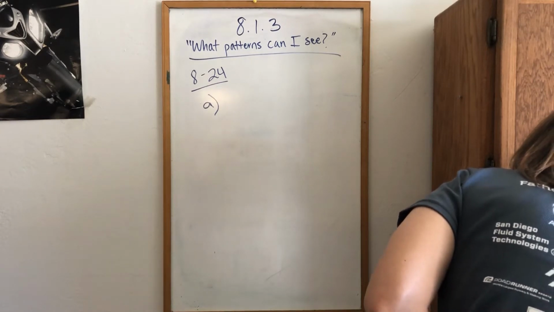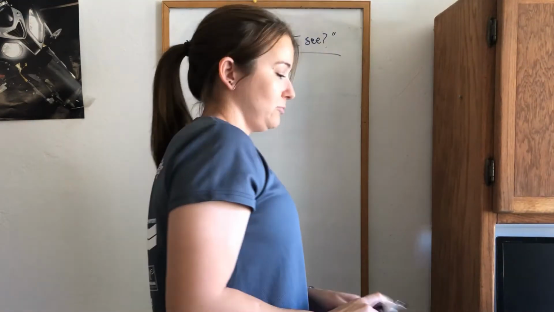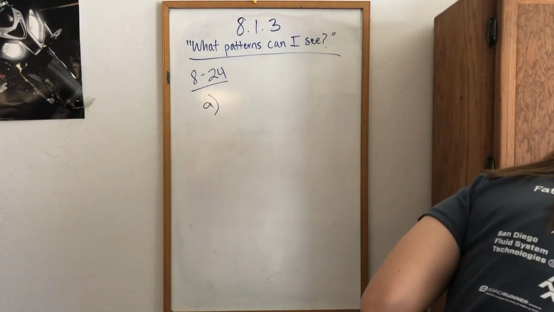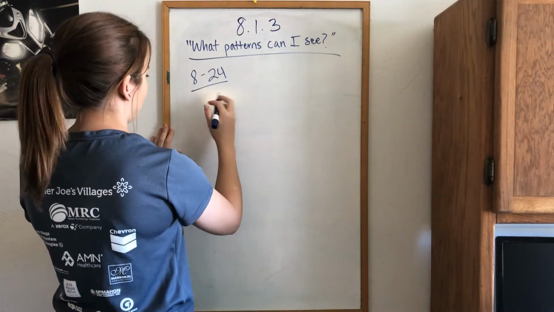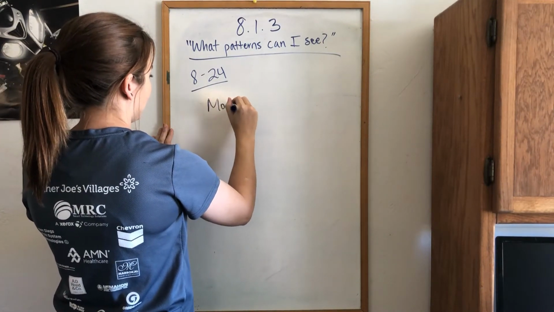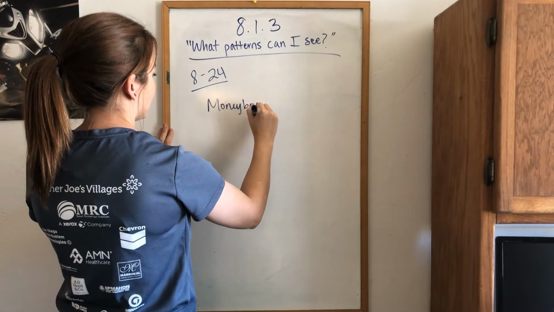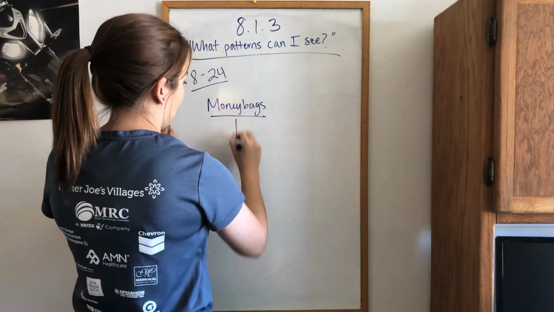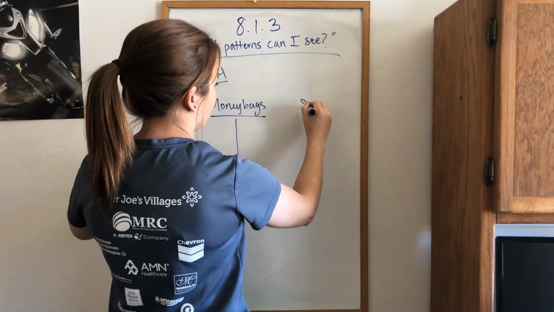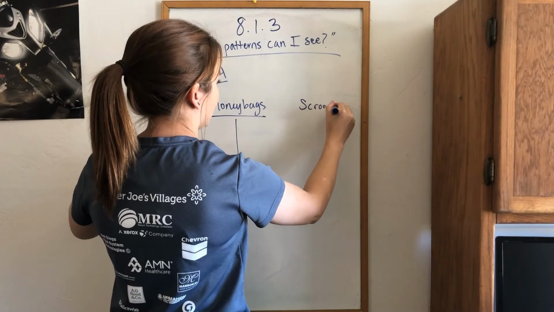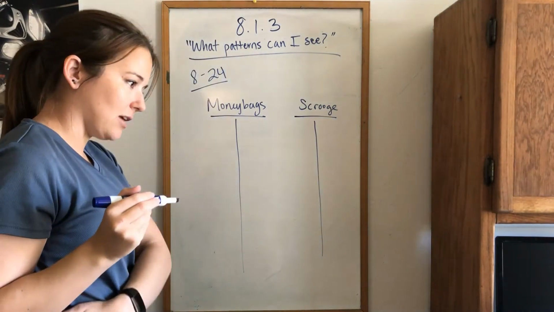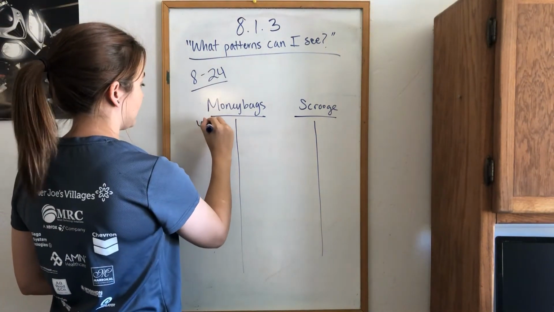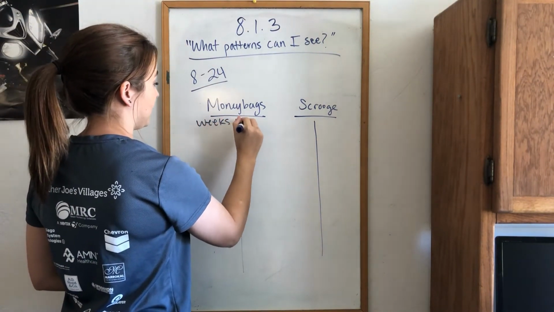So I'm just going to erase this A because I need more room. I'm going to call the first one Moneybags because that's the bank, and then Scrooge is the other bank. Here are the weeks and the balance.